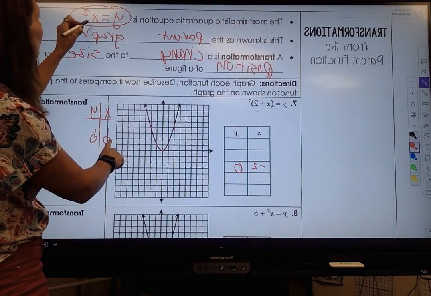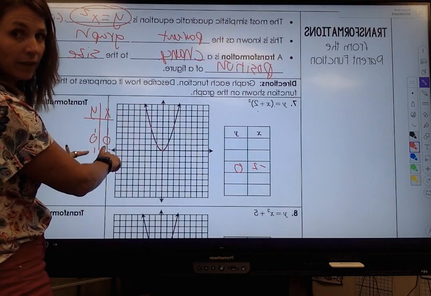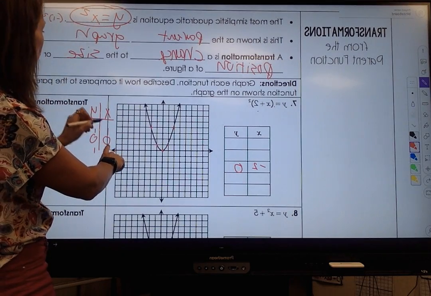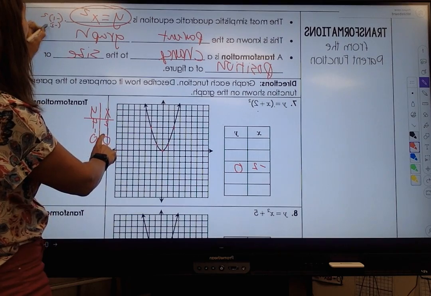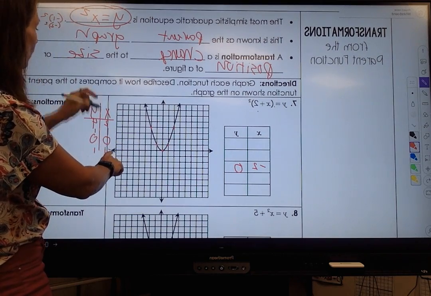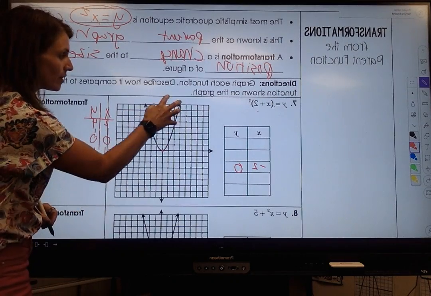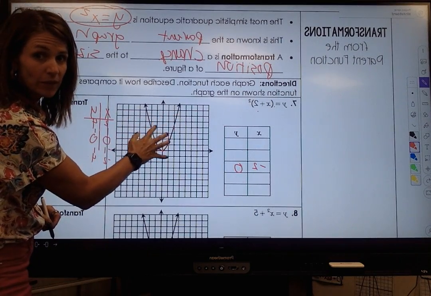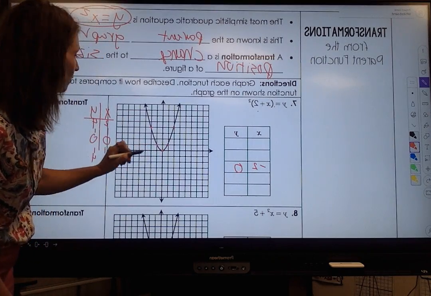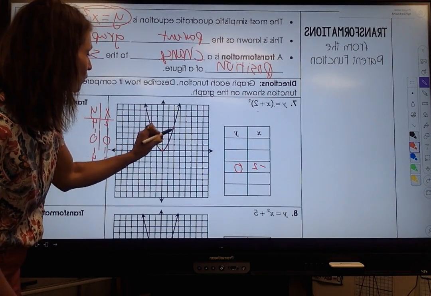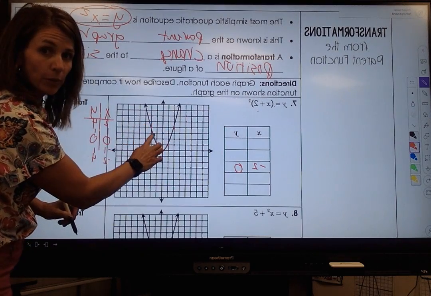When x is -1, -1 squared is still +1. When x is 2, 2 squared is 4. And when x is -2, -2 squared is 4. Okay? So these are the points to that parent graph. And I just highlighted them. I highlighted 0, 0. I highlighted -1, 1, -2, 4, 1, 1, and 2, 4. Hope you're with me on that.